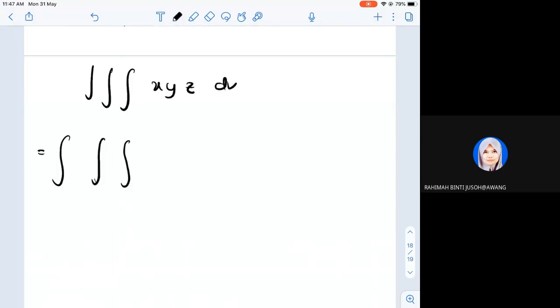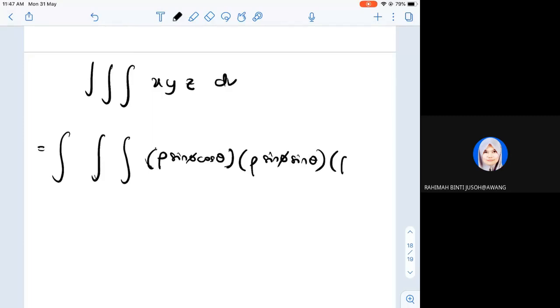Okay, x adalah apa dalam spherical? Rho sin phi cos theta. Okay, that is your x. Lepas tu y, rho sin phi sin theta. Panjang ni. And then z pula adalah rho cos phi.